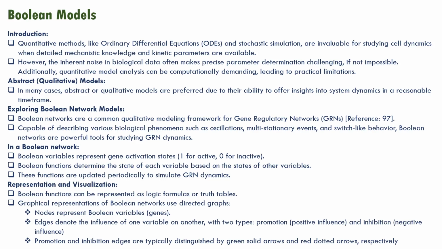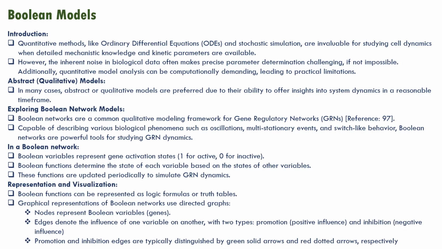Also, these models can be computationally demanding, and if you have a big enough network, it is possible that you do not have enough computational power to model the whole network, or even if you have enough power, the time taken to model such a network is basically not practical. So these are limitations that you can have with dynamic modeling using ODEs and stochastic simulation. An alternative to that is Boolean models, which are qualitative models.